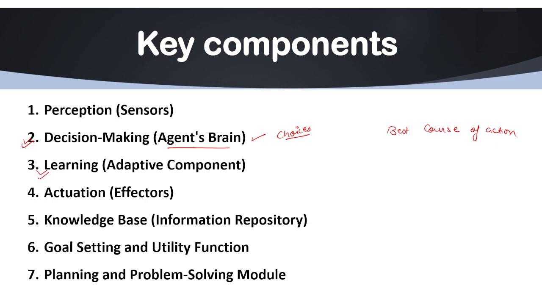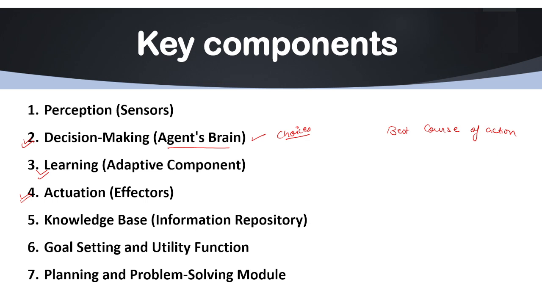Another is the learning or adaptive component. Students, this is the ability to improve performance over time by adapting to new information and updating knowledge or strategies. Its purpose is to enhance the agent's effectiveness and adaptability in changing environments. Another is actuation or effectors.